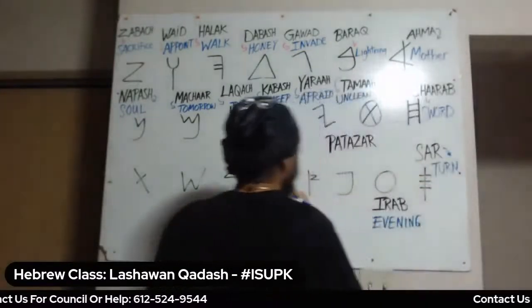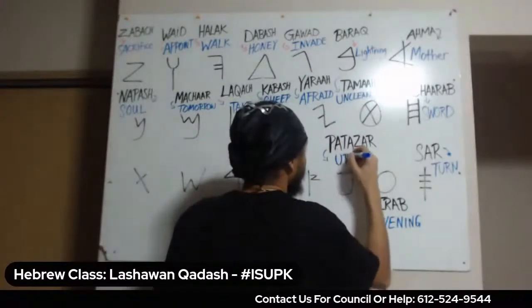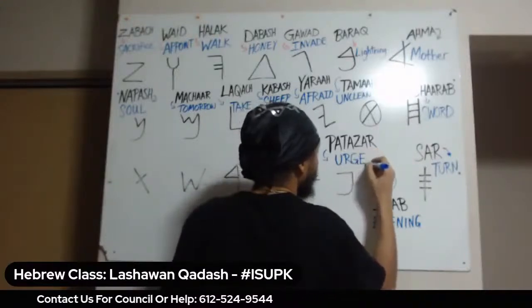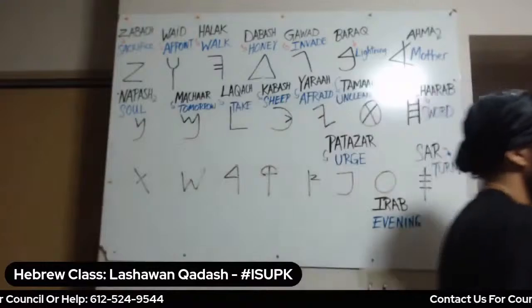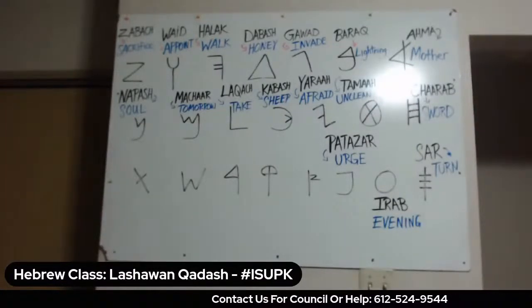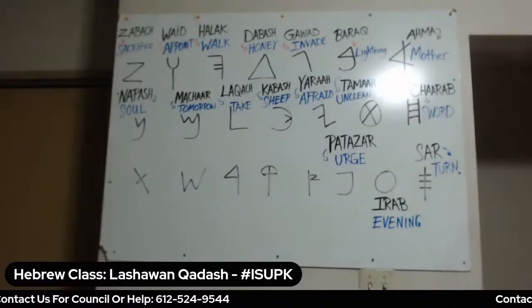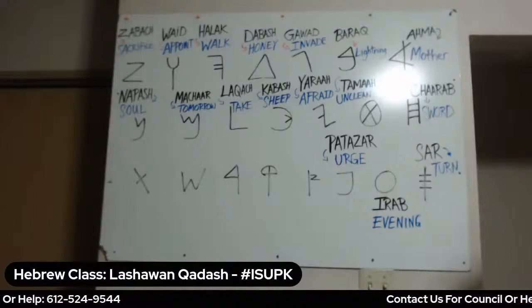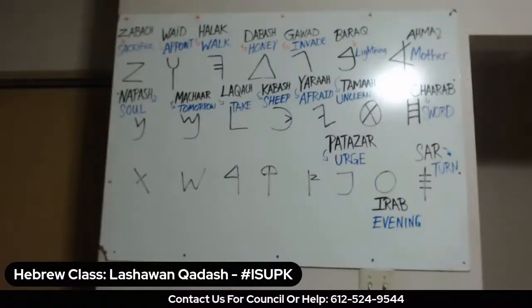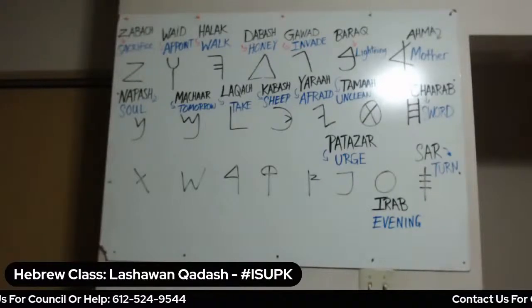The Hebrew word Hatazar is going to be urge. Like you have the urge to do something. You may have an urge to get somewhere. You may have an urge to want to watch something. The urge to sit down. This, that, and the fourth. You know what I mean? So the urge, that thing that you really want to do, almost in the sense of zeal.